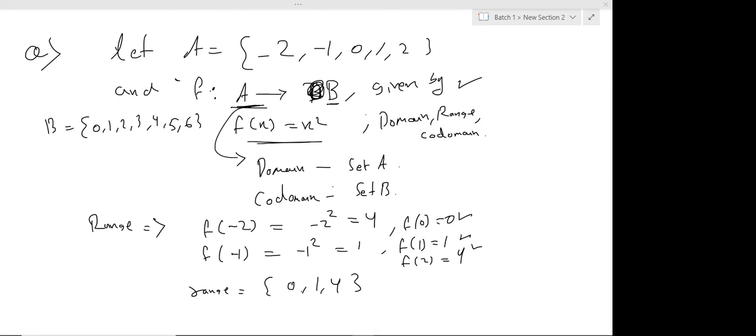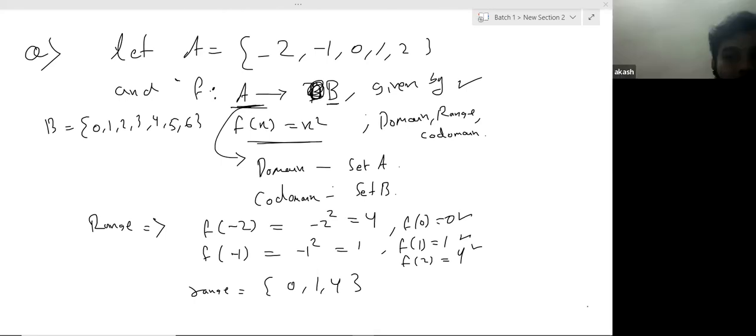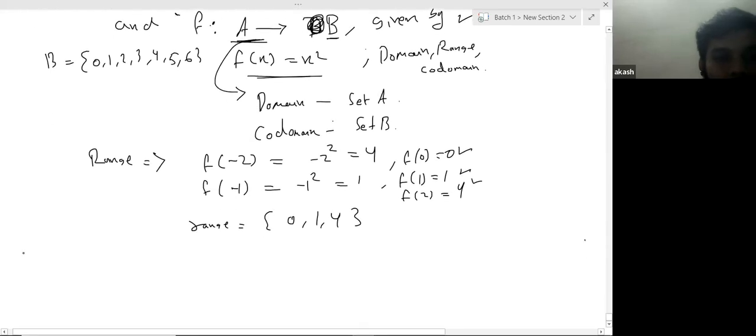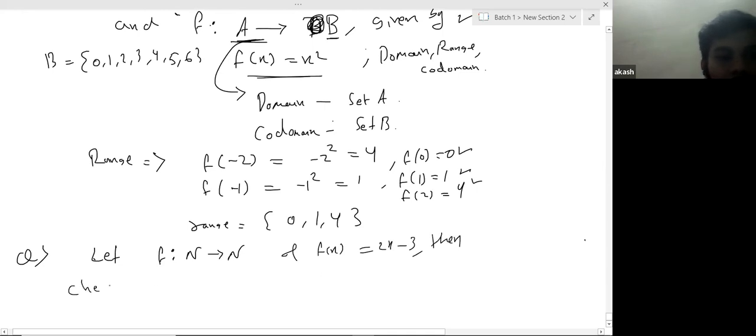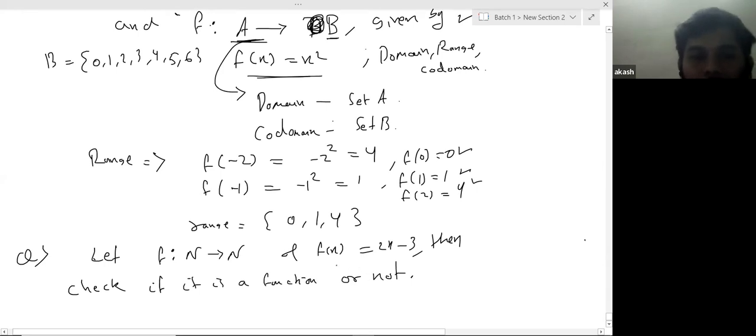All right. Let's try another question. Let f be a function from N to N, where N stands for natural numbers, and f of x equals 2x minus 3. Then check if it is a function or not. I'll give you 2 minutes for this. How to check?